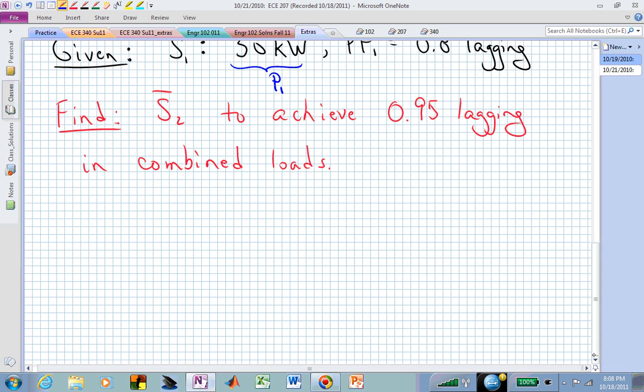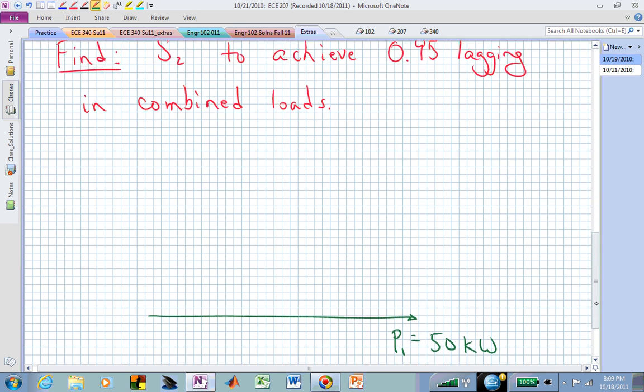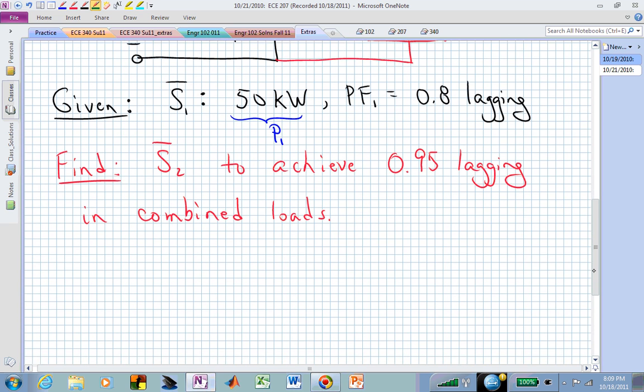If we look at what we have in very general terms, let's just sketch a picture of what we are talking about. We are starting with a system that has a real power P1 equaling 50 kilowatts. And the real power, or the average power, is the horizontal direction in our power triangle. We are also told that we have a power factor of 0.8 lagging.